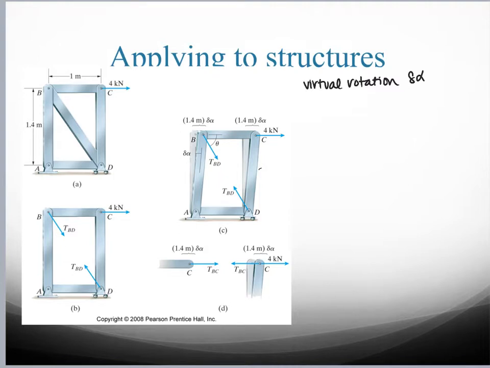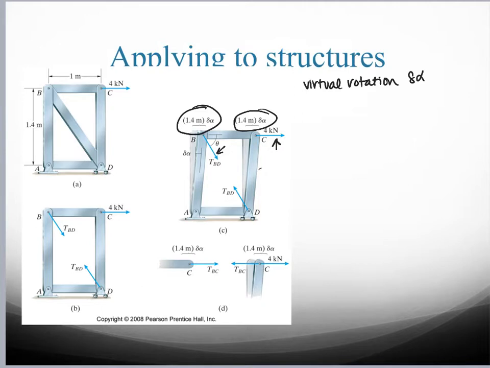And you can also see the distances that the joints have moved, because we're going to be looking at the work done by the external 4 kilonewton force, and also by this tension in this particular member, TBD.